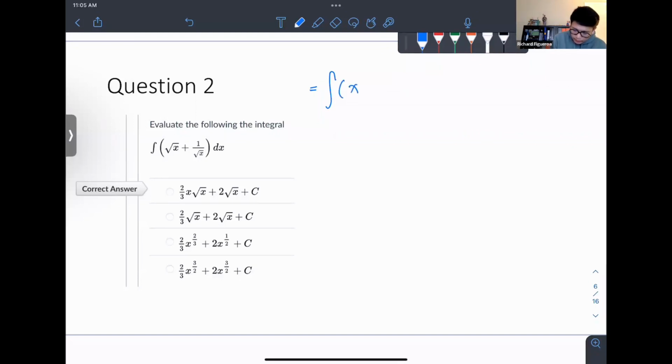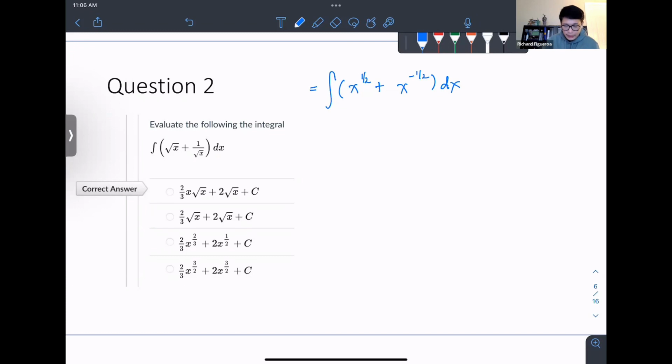So the square root of x would be x raised to 1/2, then plus 1 over x raised to 1/2. However, to use the power rule, it should be at the numerator, so we need to change the exponent into a negative. That would be x raised to -1/2 dx.